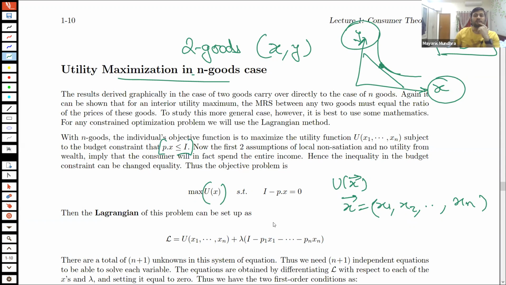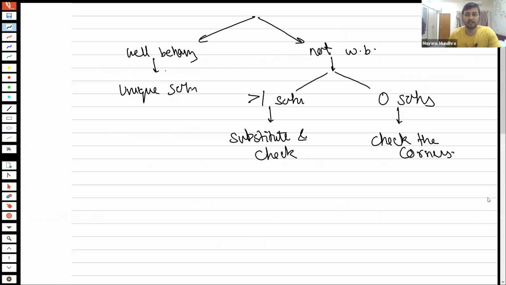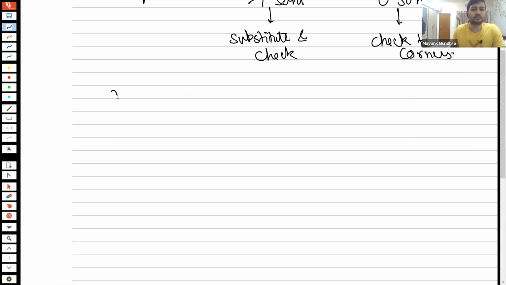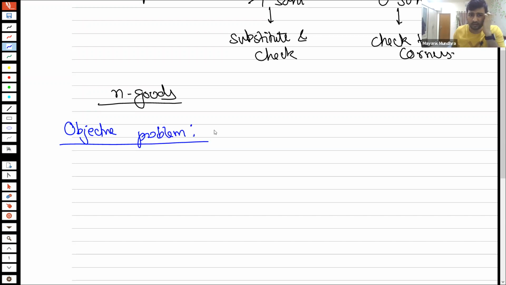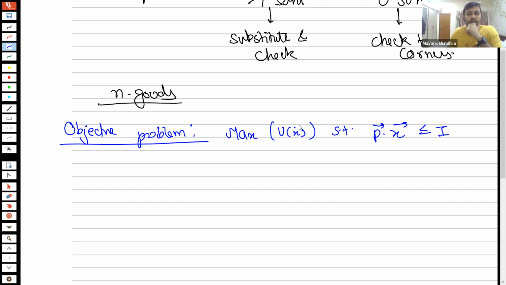Okay. So my objective problem in the n goods case, the objective problem of the consumer, becomes to maximize u of x such that p dot x is less than or equal to y, where the p vector is the vector of prices p1, p2, and so on till pn.